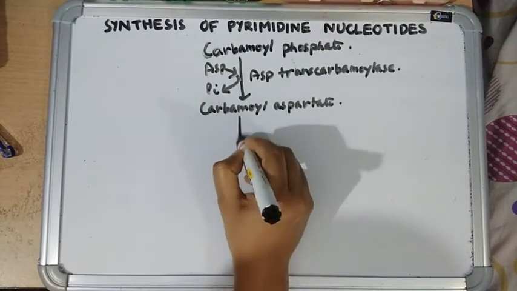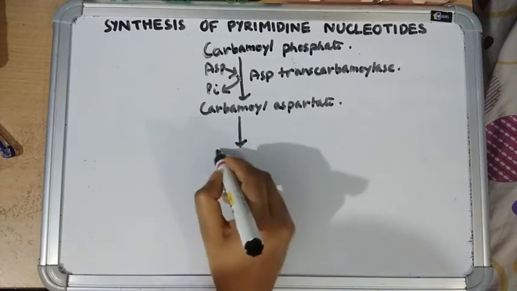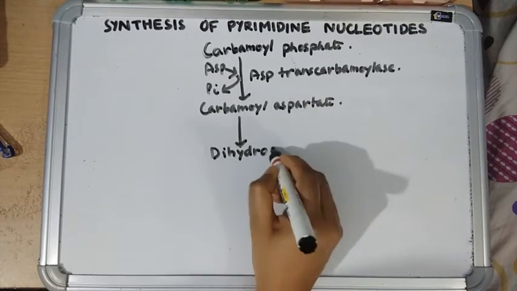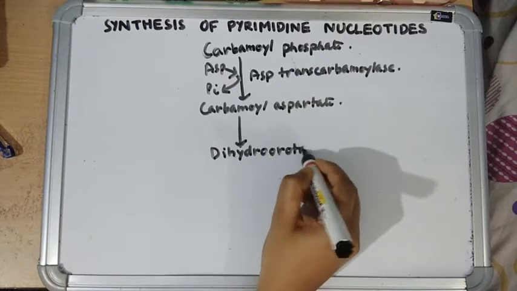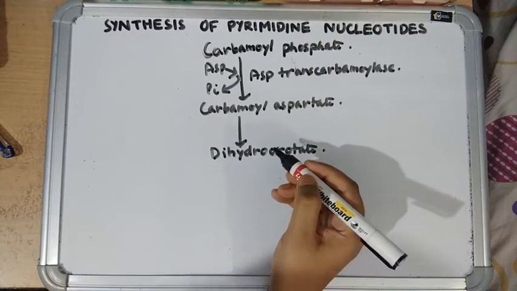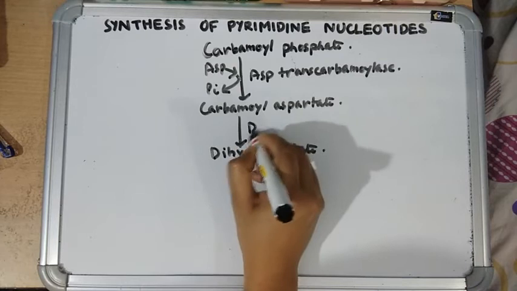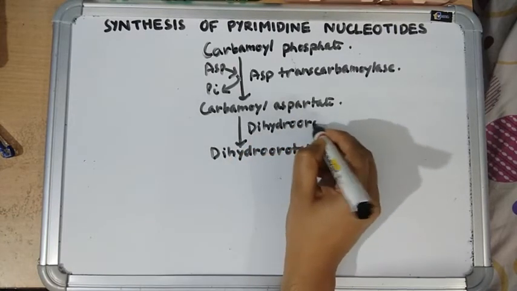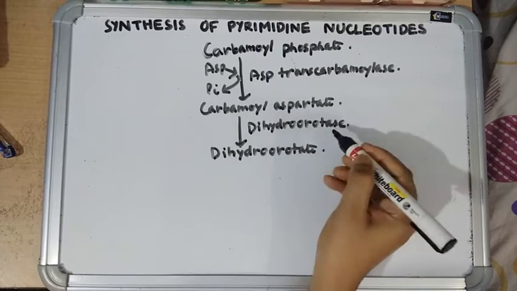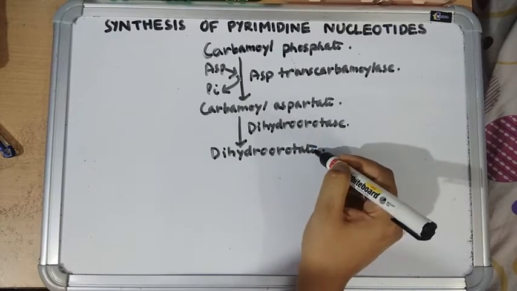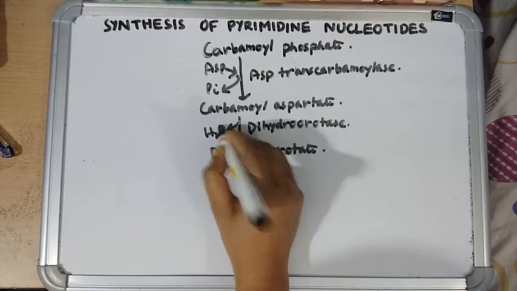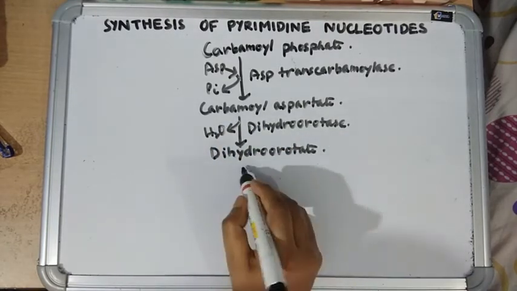This carbamyl aspartate is converted into dihydroorotate by the enzyme dihydroorotase. And this is a cyclization reaction.